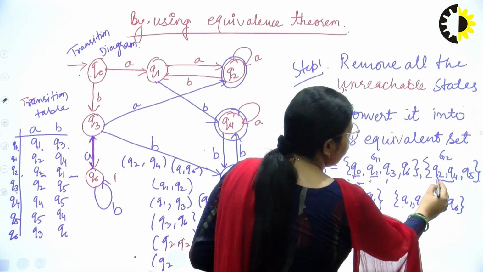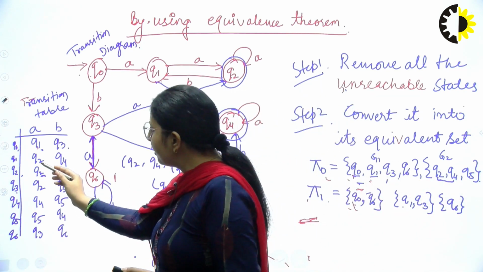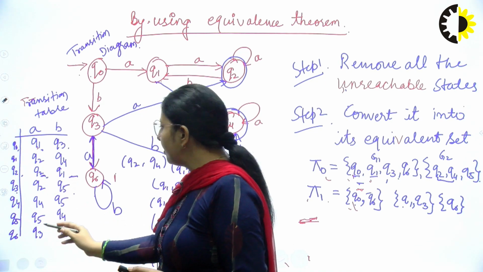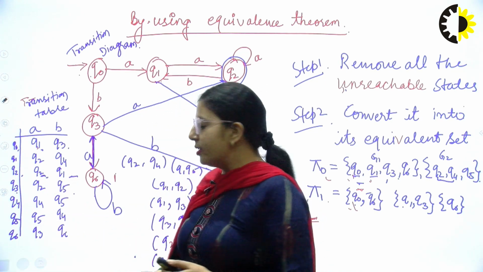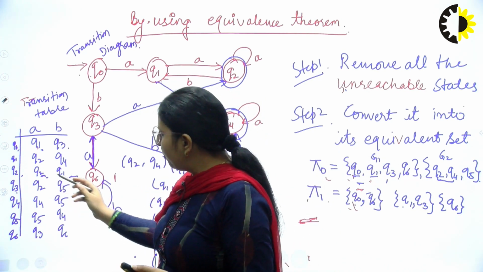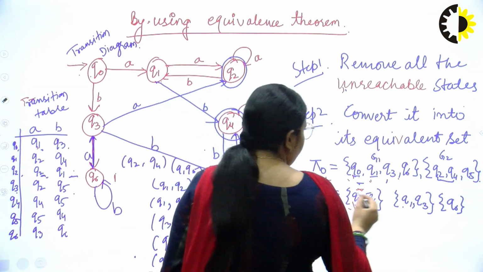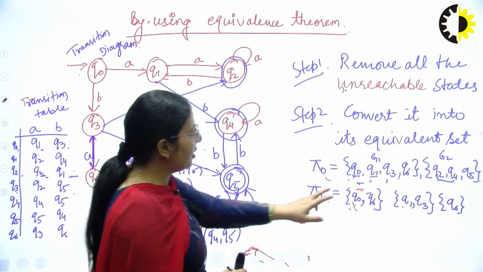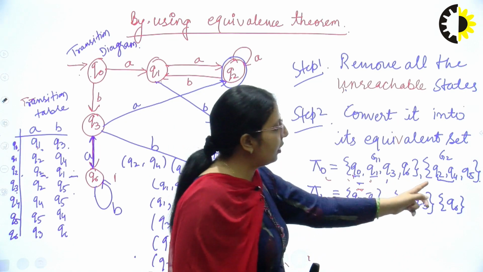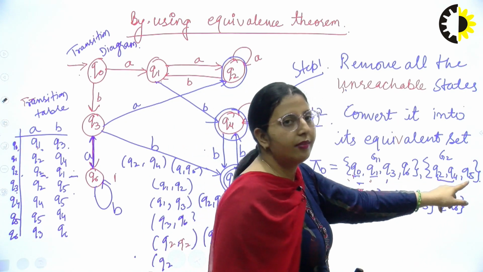So now we have to check for Q2, Q5. Q2 is Q2, Q5 is Q5, and they both lie in the same set. Now we have to check for another input. Q2 goes to Q1 and Q5 goes to Q4. Q1 and Q4 lie in different sets. So we cannot combine Q2 with Q4 and Q5.